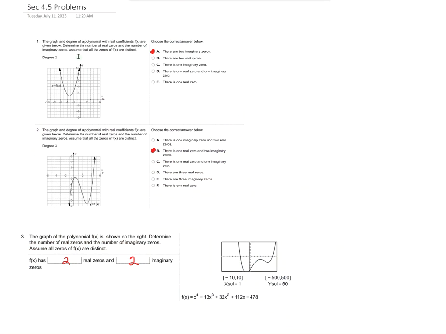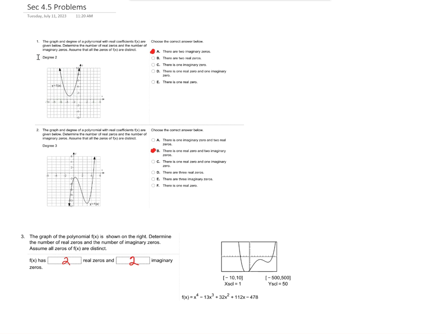Number 1 and number 2 have graphs, and they say this is a polynomial with real coefficients, and determine the number of real zeros and the number of imaginary. It says there's degree 2, so we know at most there's 2 zeros. Is this hitting the x-axis anywhere?